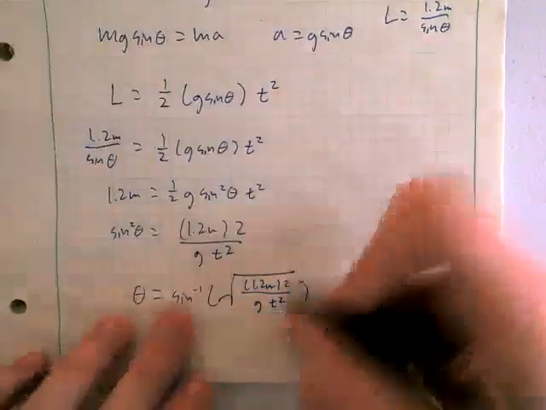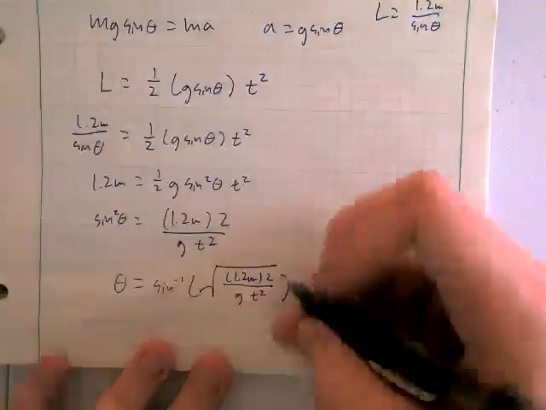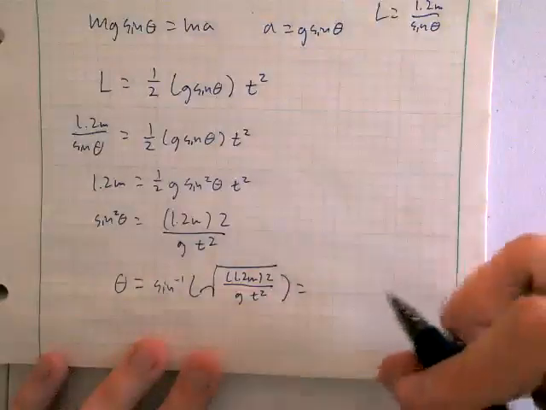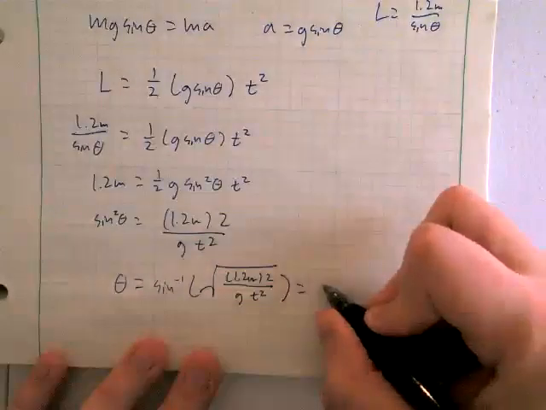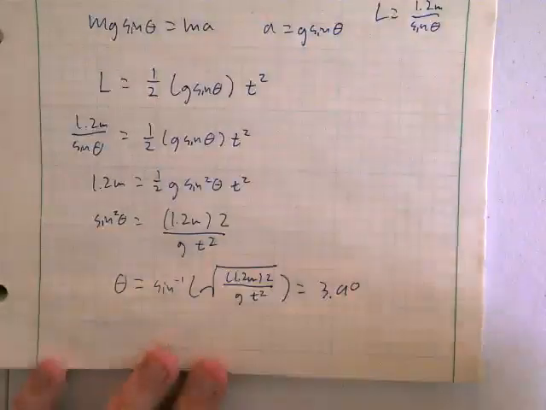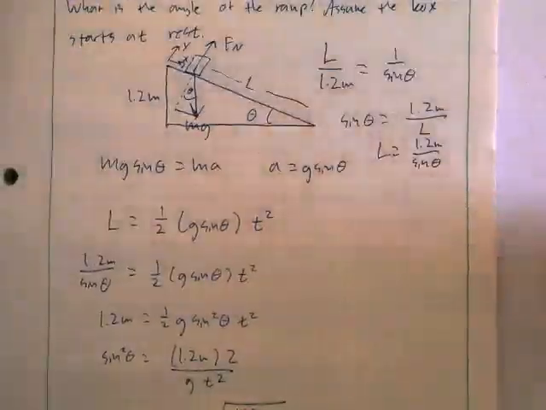And again, remember our t we know is, it's up here, 7.3 seconds, so we're given that one. So with this, we can now just plug this into our calculator, and we get an angle of about 3.9 degrees, right?